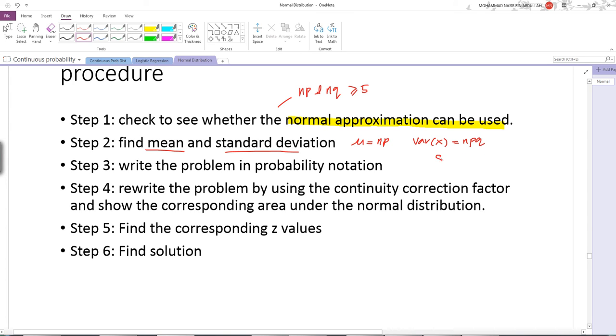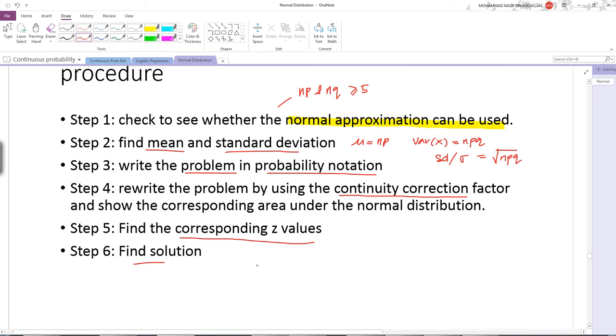The standard deviation, or sigma, is equal to the square root of npq. And step number 3, we write the problem with the probability notation, and we apply a continuity correction factor and find the value of the Z distribution and find the solution. This is the sixth step.